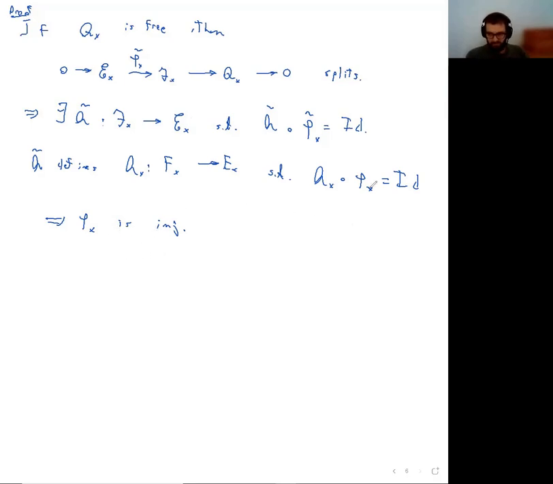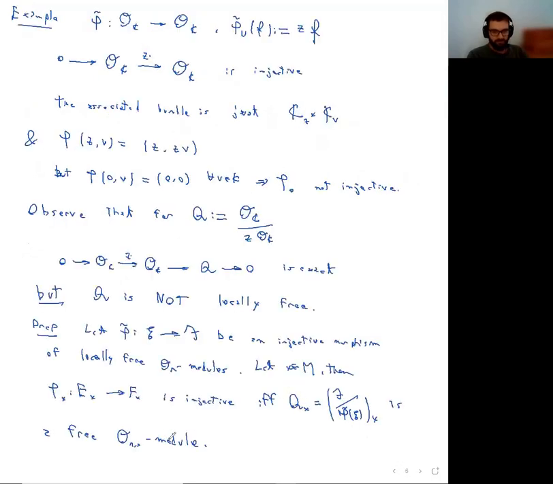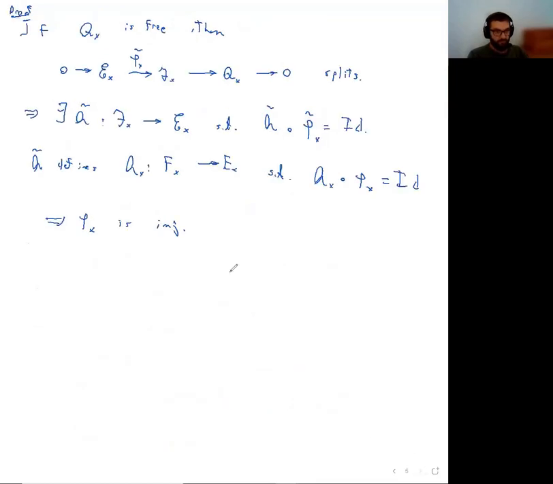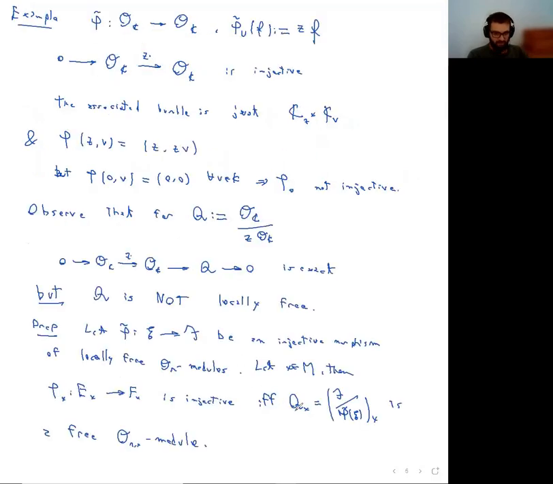Okay, so this is one direction. If this is free, then this map is injective.